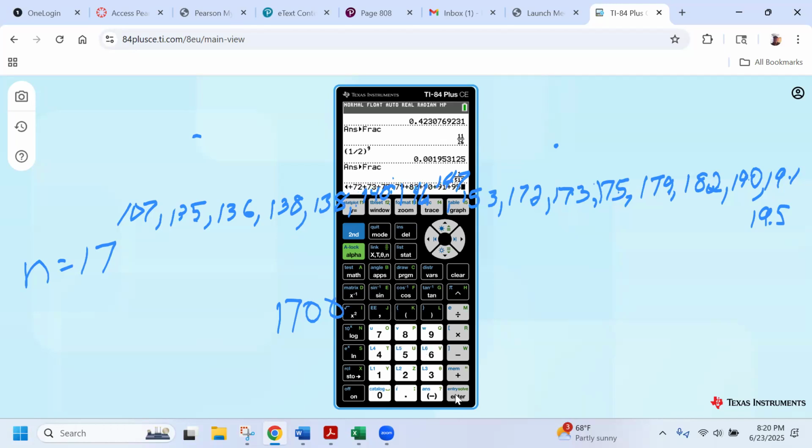Enter. That gives me my total of the tens values, and I'm going to add the 1700 on, plus 1700, enter, and I get a total of, I can't see.